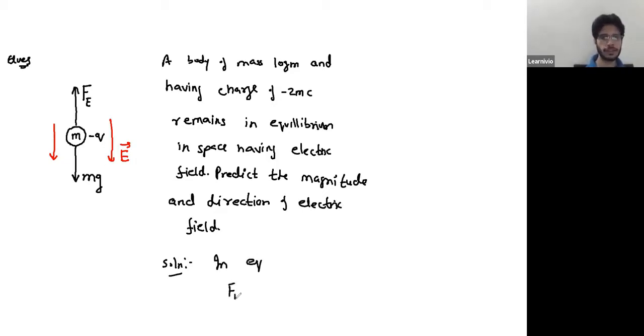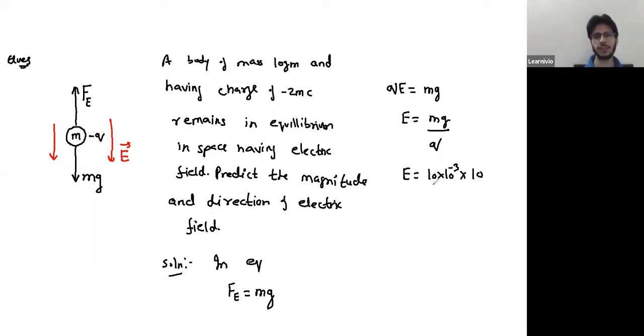So in equilibrium, this electric force should balance the weight. So you can write that in equilibrium, electric force is equal to weight of the body. Electric force is QE, the weight is mg. So you can get E is mg by Q. Now you can easily substitute the values. Mass is 10 grams, so that's 10 into 10 raised to the power minus 3. g is 10 meter per second square.